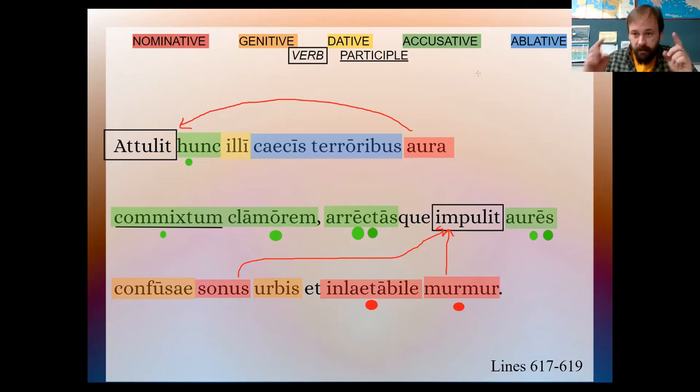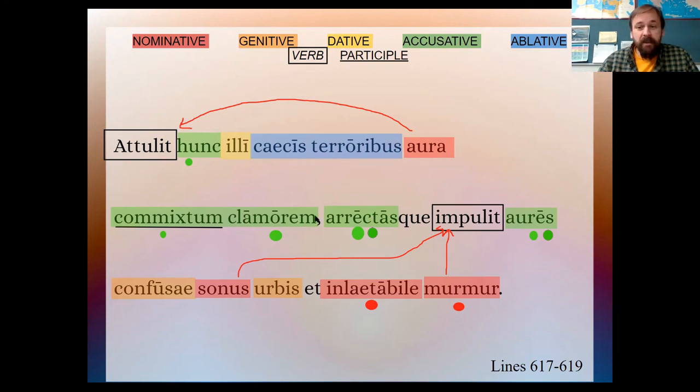But remember, let's go back to what we know about what these cases do. The breeze carried or brought to him, think about Turnus, with blind terror, this jumbled or mixed up noise. What noise? What noise is coming from the breeze? Let's find out.